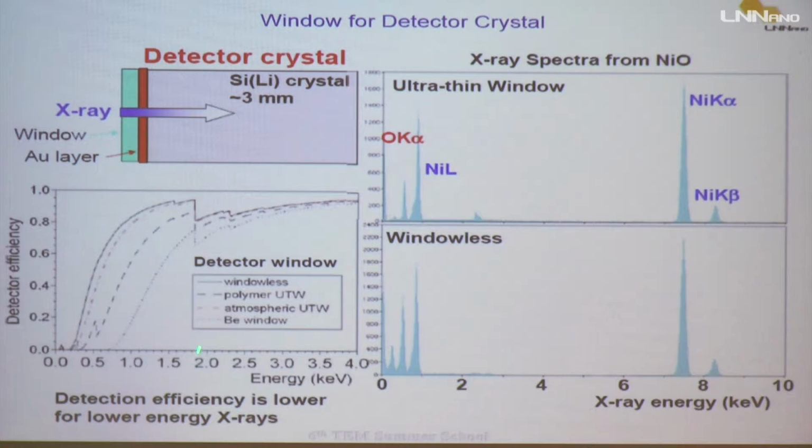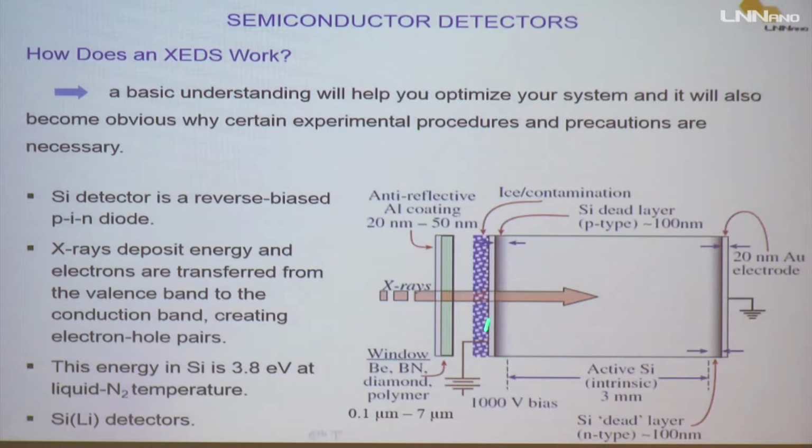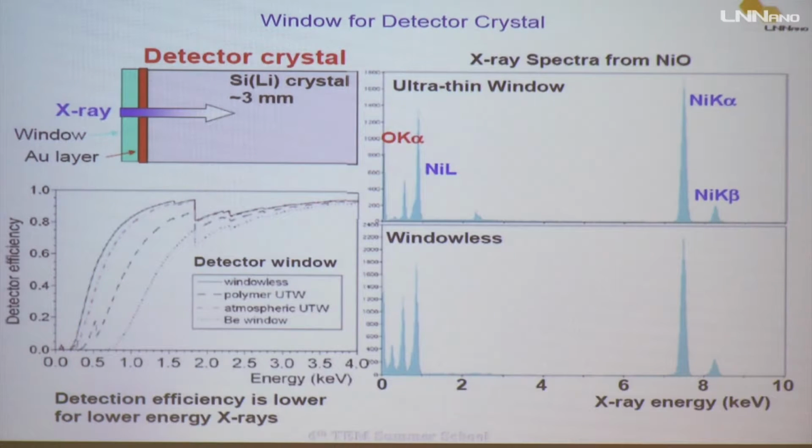What we have is, when an X-ray arrives here and hits the window, and the gold layer in front of the detector for the connection of the potential difference, these small energy photons will be absorbed by this window or this gold layer in front of the detector.